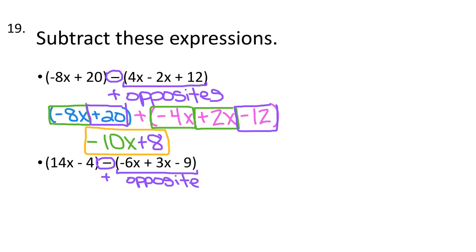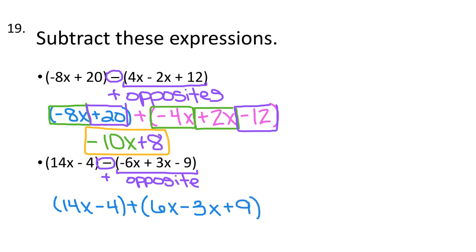Let's leave our first expression as written, 14x minus 4. Our second expression is going to become a plus, and now everything will become its opposite. Negative 6x becomes positive 6x, plus 3x becomes minus 3x, and minus 9 will become plus 9.